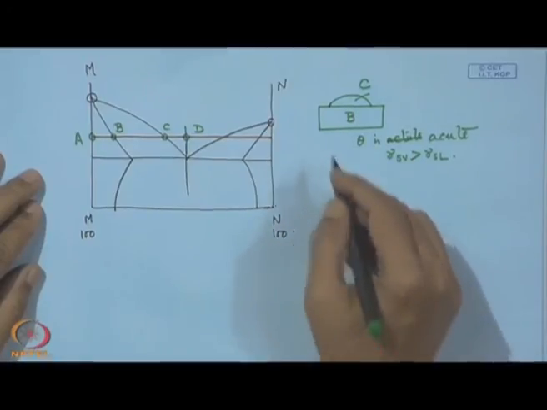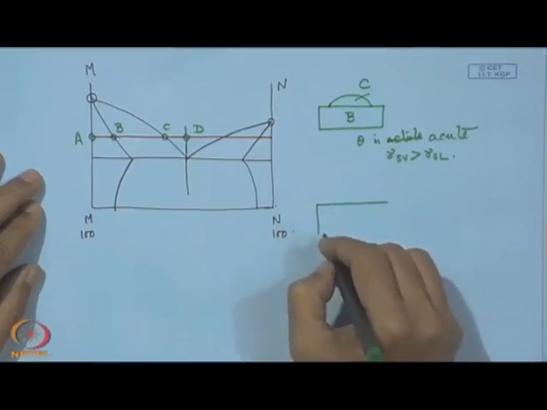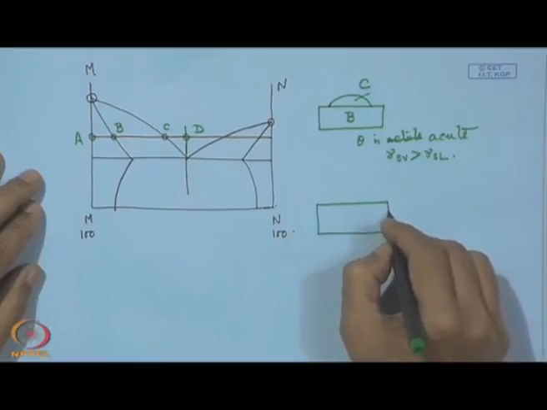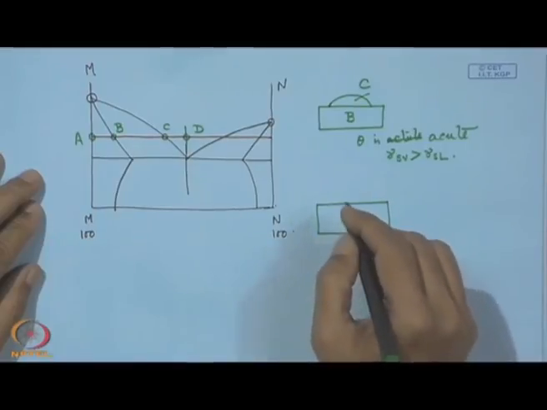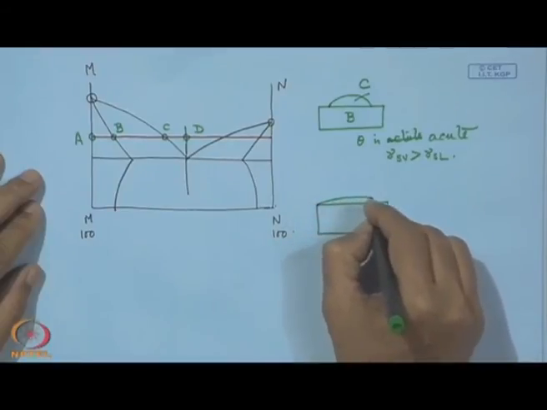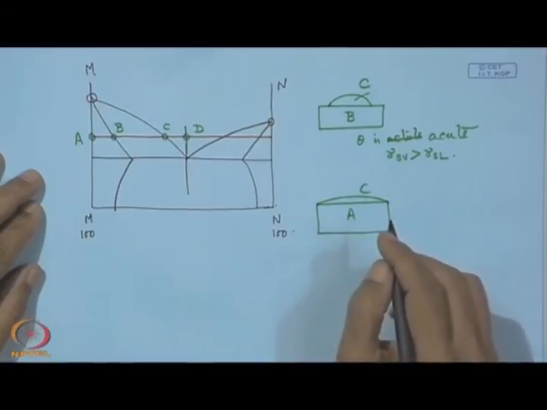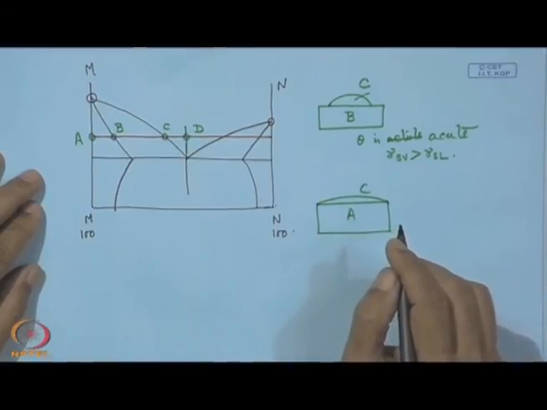Now, if we have another situation where C is in contact with A, what is going to happen? Let us look into that.